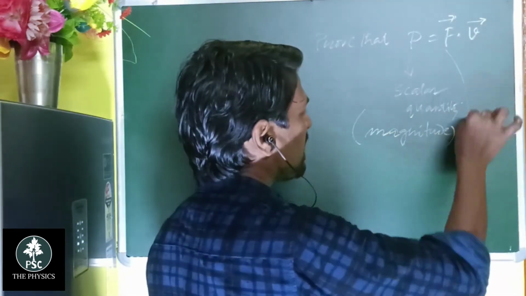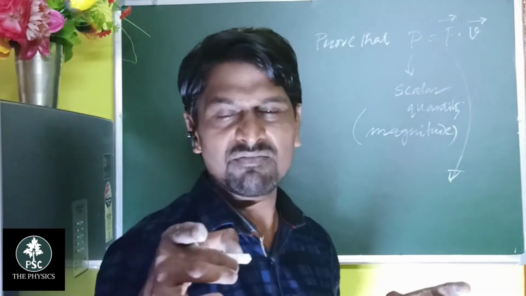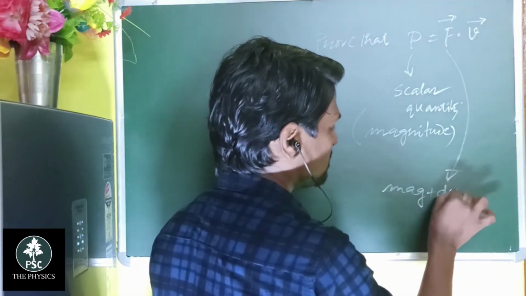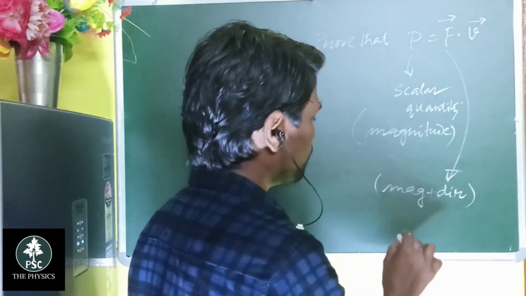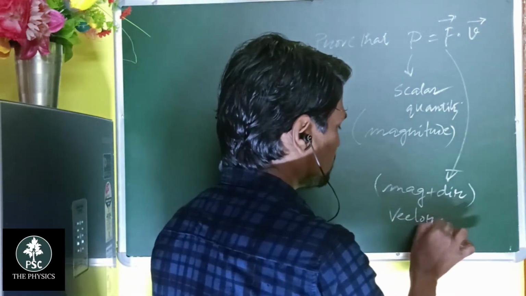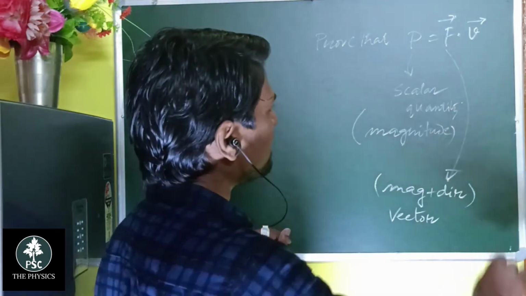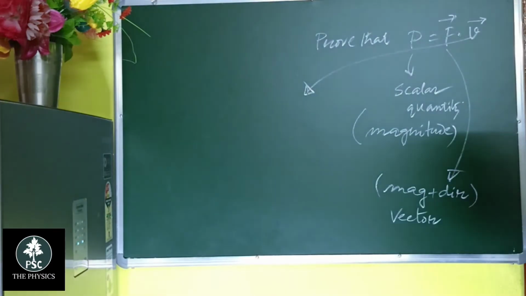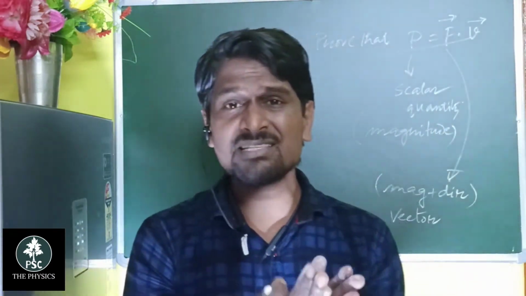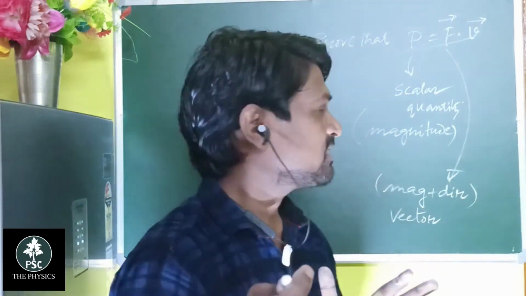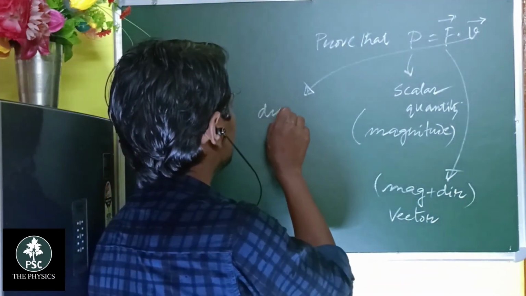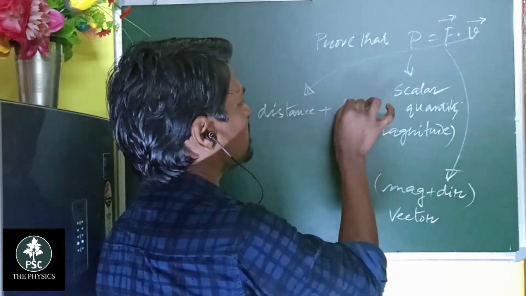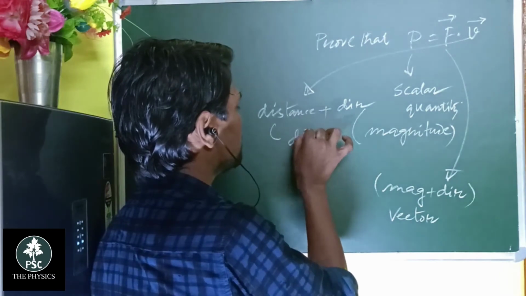But the force, you have to apply a particular force along a specific direction. So force is magnitude plus direction. So this is a vector quantity. And the velocity, you can simply think that when the distance is given a particular direction, then it is displacement.